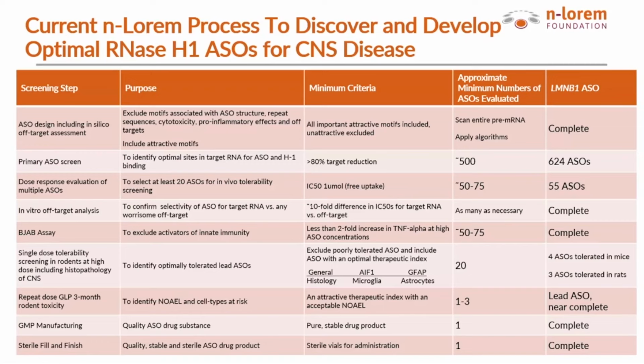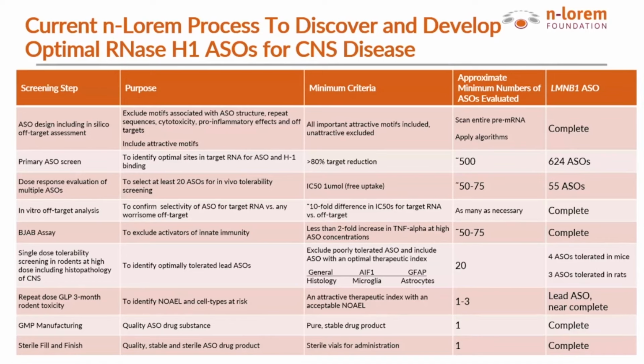Then we move into single-dose tolerability screening in rodents at high doses, which includes histopathology of the central nervous system and different cell types. We typically look at about 20 ASOs, and here we were able to identify 4 that were really well tolerated in mice and 3 also in rats.